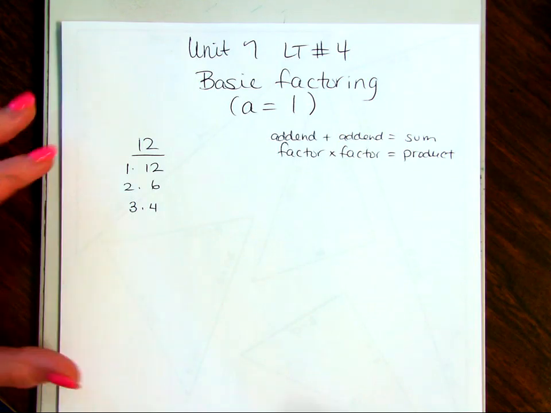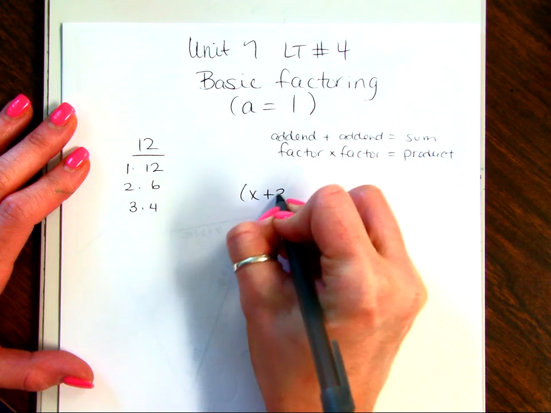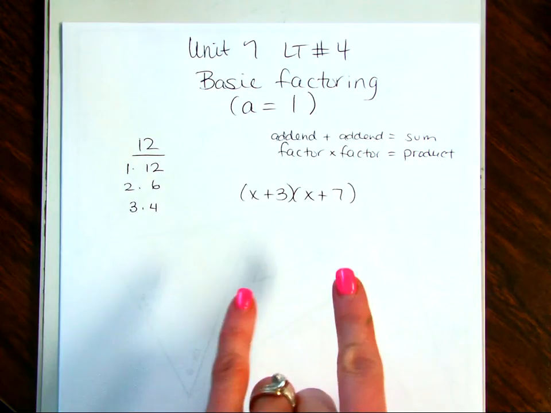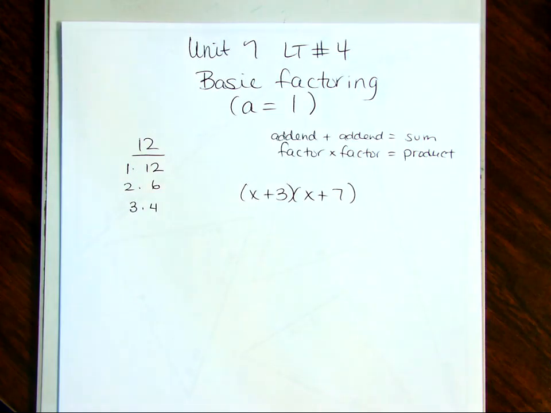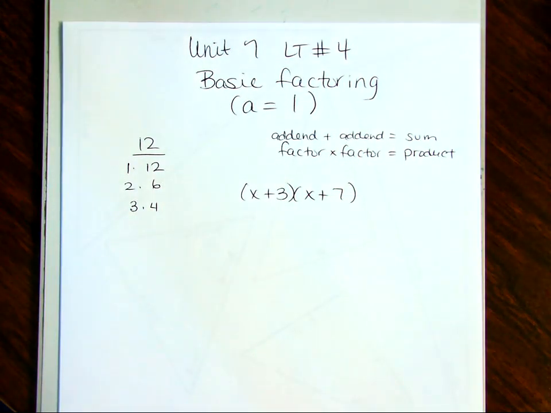together to get that. So for example, I started you out with x plus 3, x plus 7, and gave you the factors and asked you to find the product, right? So you said you either use the box method or the double distribute, right?